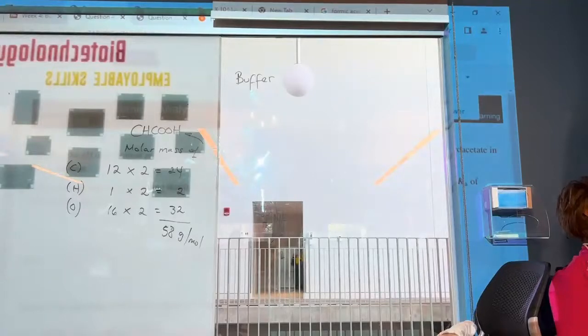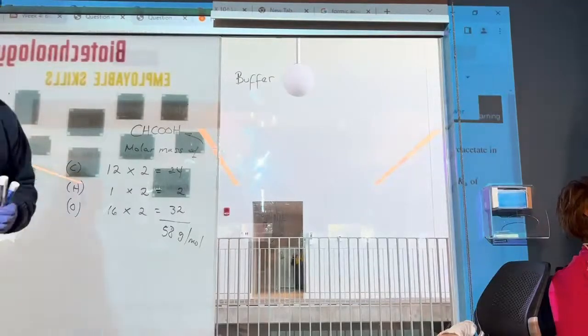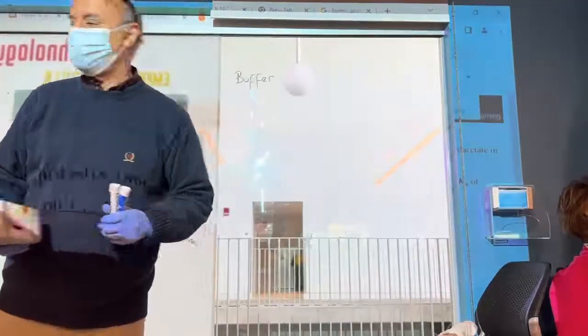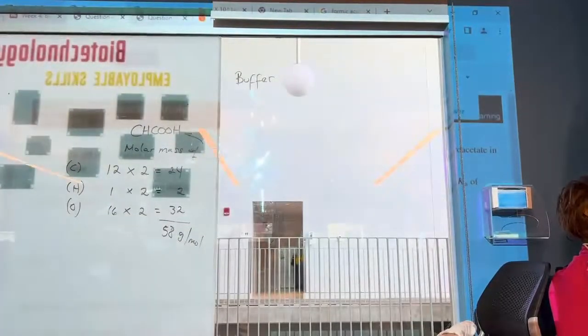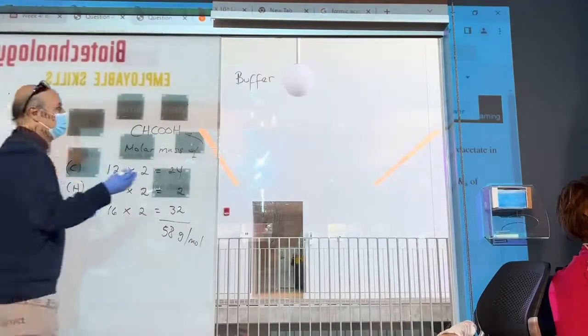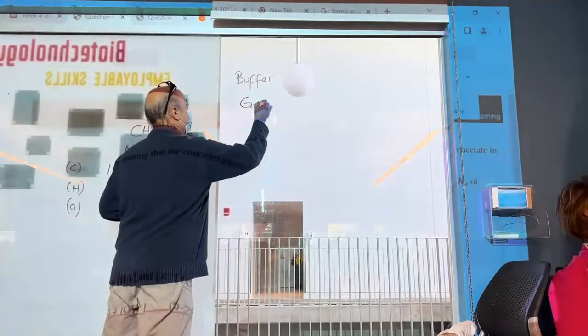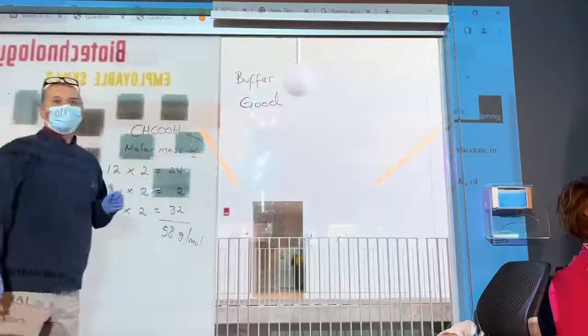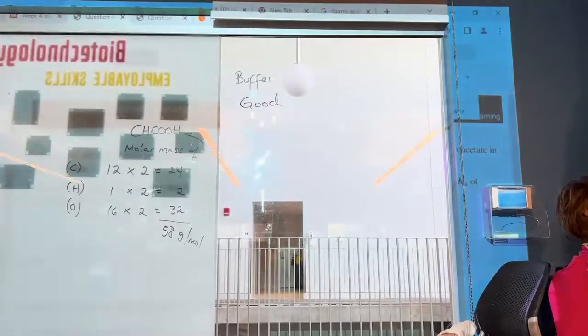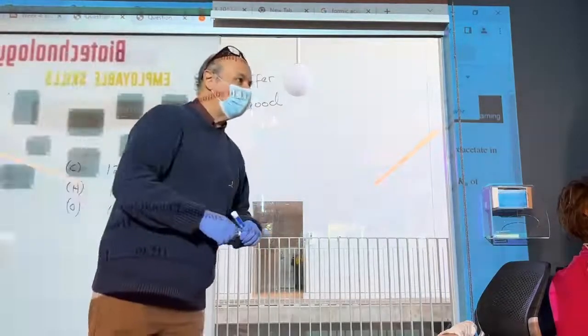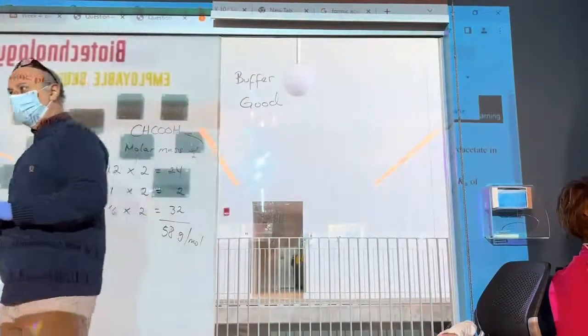There are a lot of buffers out there, but in biochemistry there's a collection of buffers that are known as good buffers. And if you finish this course and somebody in the future asks you, do you know what is a good buffer?